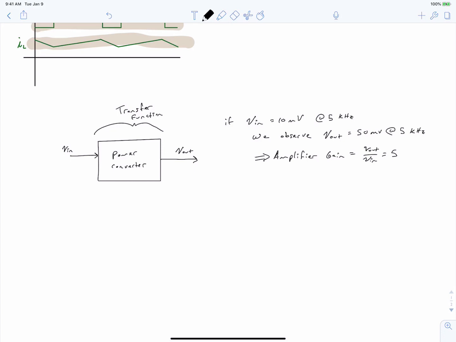And this could have been a peak-to-peak value, it could have been an RMS value. The point is that since this is a linear system, you just have to use the same convention or notation in regards to both the input and the output. So what do we mean when we say that we provided this small signal perturbation at 10 millivolts? It means that if we were to look at a graph of our input and output quantities, we would see that Vin is some sinusoid at 10 millivolts and at 5 kilohertz.